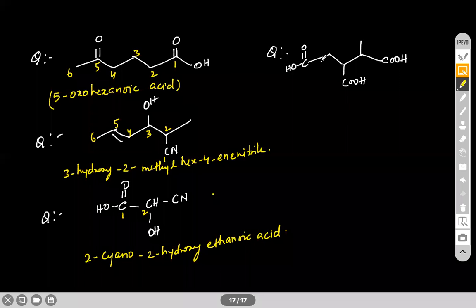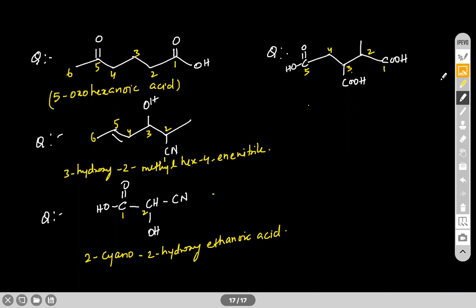Now in this case, what happens? The name of this compound would be 1, 2, 3, 4, 5. So at the third position, we have this group present. So we'll write the prefix of this. What is the prefix of COOH? 3-carboxy, 2-methyl, pentane-1,5-dioic acid.